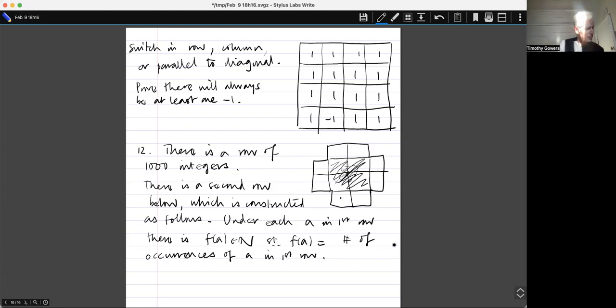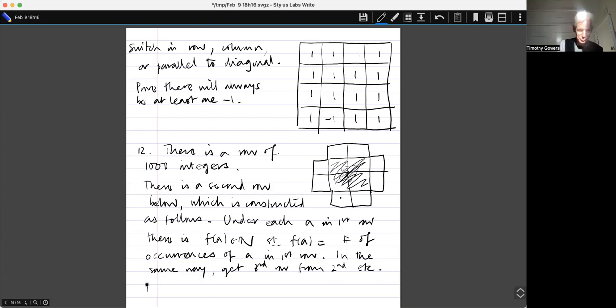What do we have to prove? In the same way, to reiterate this operation, we get a third row from the second, and so on. I suppose it's going to say prove that it terminates.